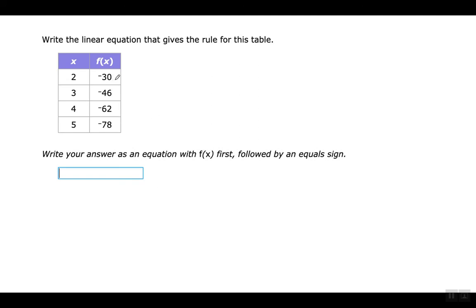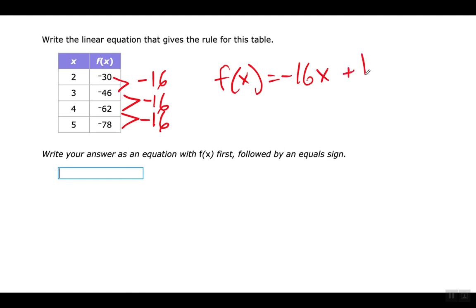Let's look at this one since it has negatives. It's going down by 16 every time. So the slope is going to be negative 16. Now let's plug in the first pair here. f of x is negative 30, so I'm going to have negative 16 times 2 plus b.